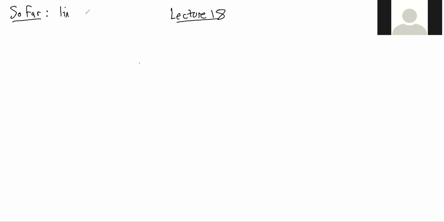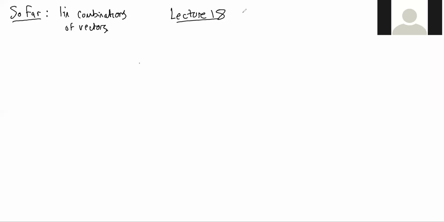So far we've basically been studying linear combinations. And we've asked questions like, when is a given vector a linear combination of these other vectors? But we've only really asked questions which can be phrased in terms of equality of linear combinations.